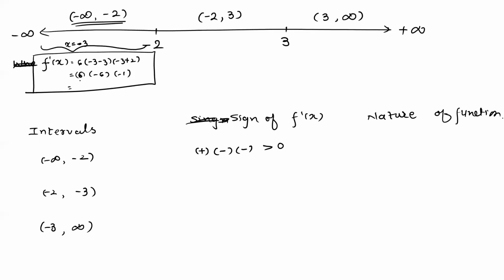Here also you can check, 6 are minus 12, and 1 is like minus 1, and that is how it is plus 12. So when you substitute x is equal to minus 3 from that interval, your f dash x is positive. Positive matlab your function is strictly increasing.